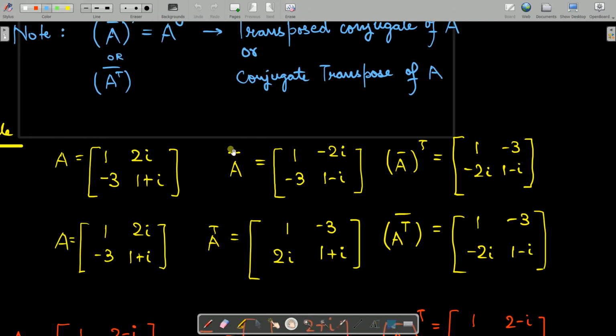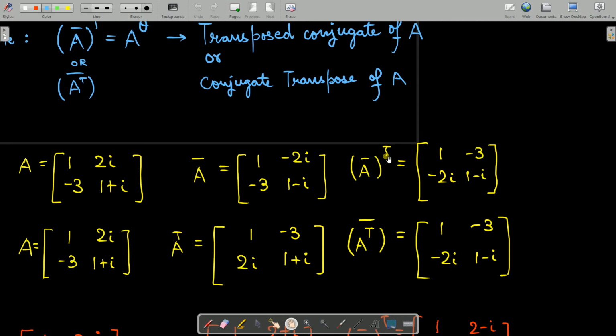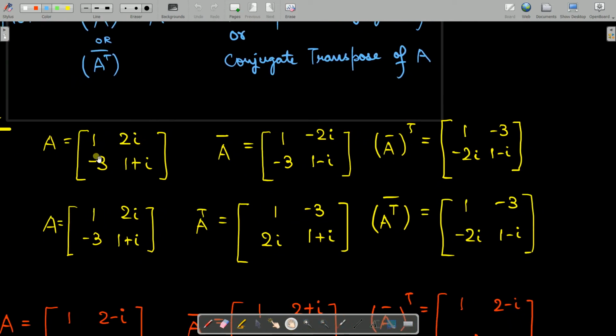Now we have to find the transpose of this. So for A conjugate transpose, we convert the rows into columns. The first row gets converted into the first column, the second row into the second column. As you can see, the final elements we have are 1, minus 3, minus 2i and 1 minus i, which is nothing but this part.